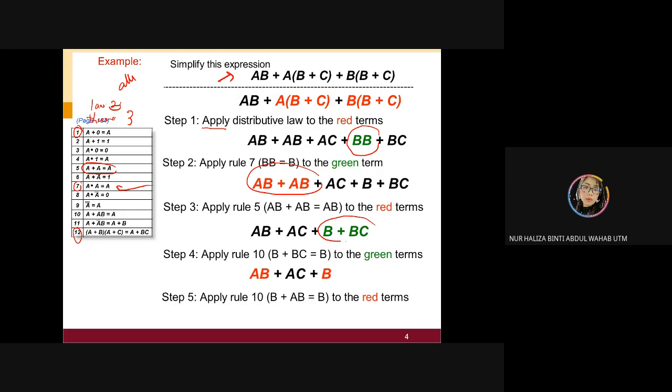And you can see over here, this is B plus BC, which is applying rule number 10. And similar also to another one still using rule number 10. And then you get your final simplification version.